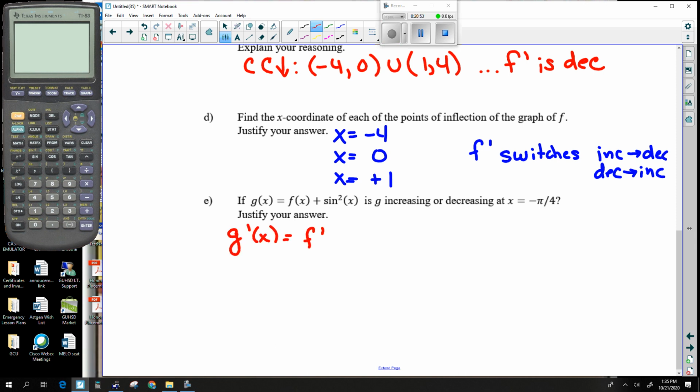So that would imply the derivative of f, and the derivative of this, which is going to be 2 sine x times cosine x. Chain rule. And so they want to know what is g prime at negative pi over 4.